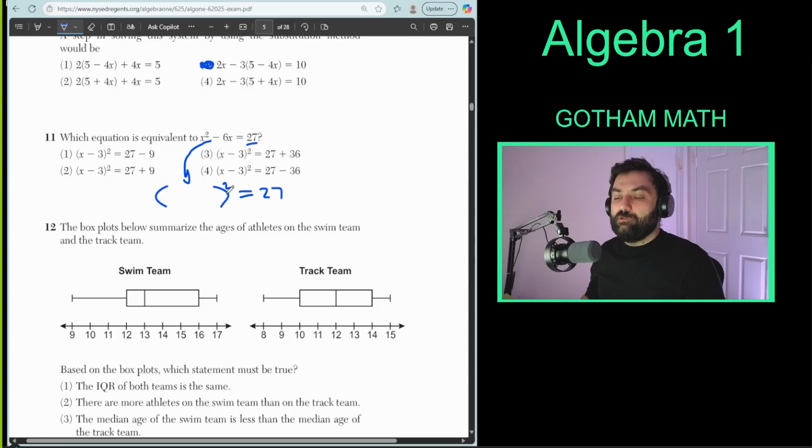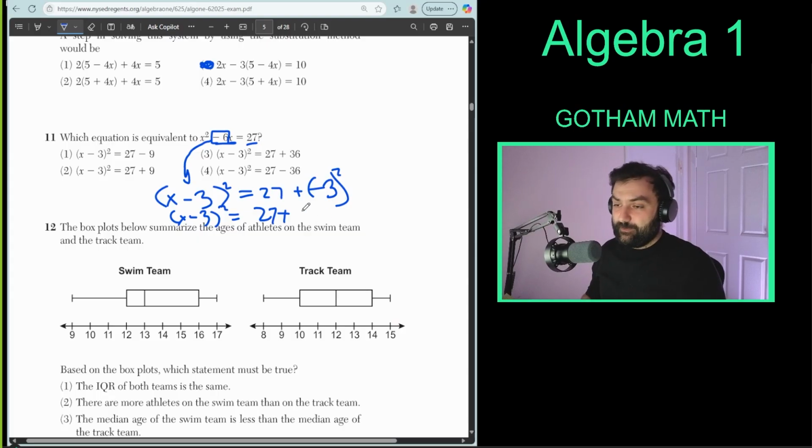You always put x and half of that second piece, without the x though. Half of that, minus 3. But you also have to add that half squared to the right side. So x minus 3 squared equals 27 plus minus 3 squared, which is minus 3 times minus 3, which is 9. And that's it.